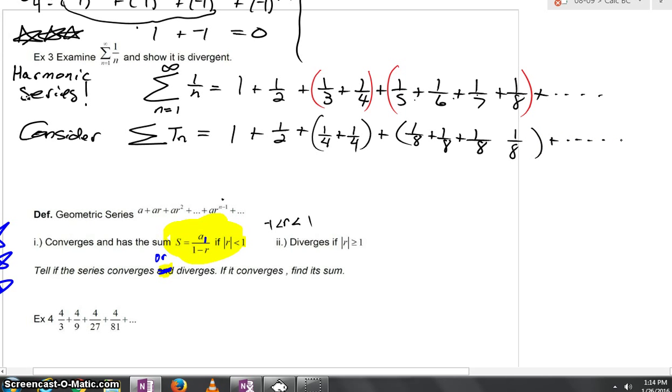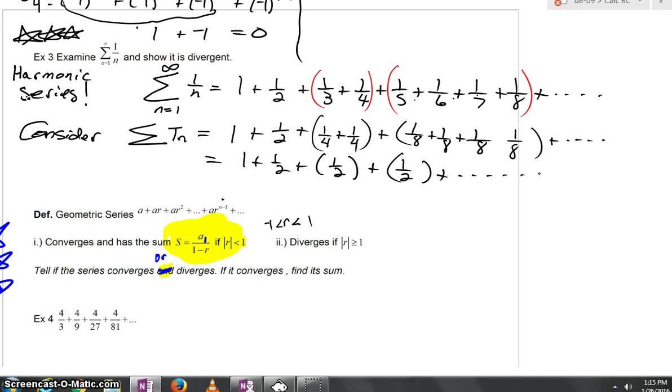Let me ask you this. What's 1/4 plus 1/4? It's really 2/4, which is a half. What's 1/8 plus 1/8 plus 1/8 plus 1/8? It's 4/8, which is actually 1/2. So what if I decide to just add everything up like this forever? So I said add 1, but then you keep adding 0.5, 0.5, 0.5 forever.